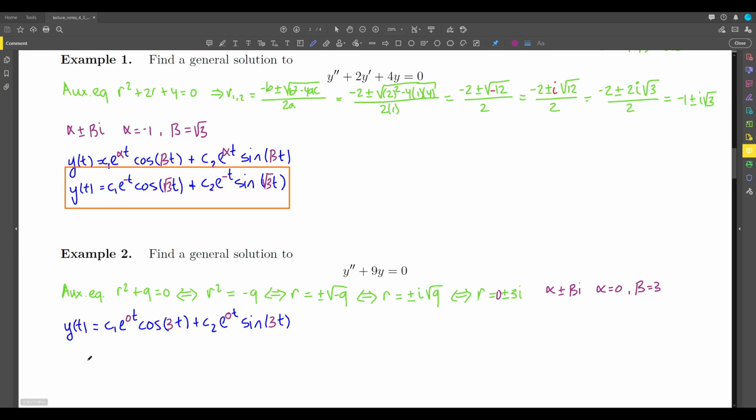Now that can be simplified a little bit because e to the power 0 is just 1. So our final answer becomes y of t equals c1 cosine of 3t plus c2 sine of 3t.